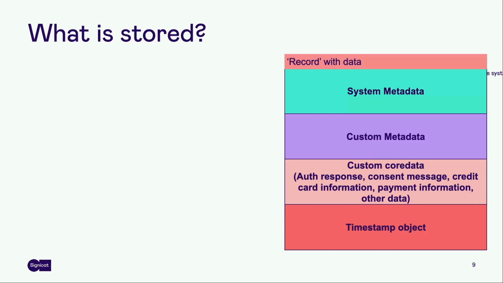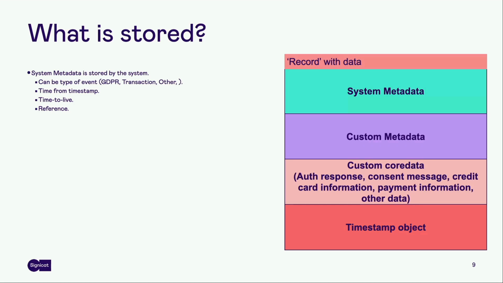So what is stored? We can start on the right side. The buildup is around a record. So we have a record with data, and we will always have some system metadata with the record. And the custom metadata, as I mentioned earlier, is where you can add specific values so you can search for them.